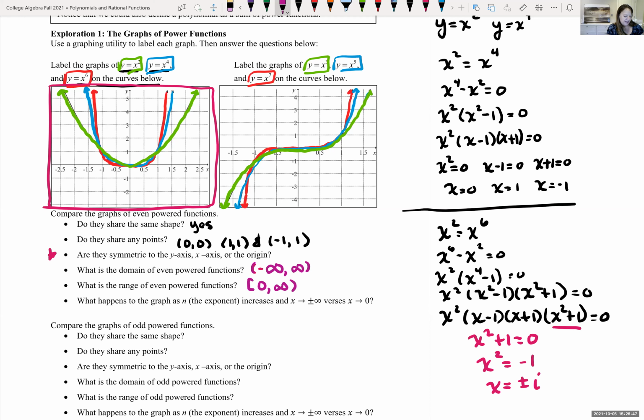What happens to the graph as the exponent n increases to plus or minus infinity versus as x approaches 0? So what happens to the graph as n increases to plus or minus infinity? Well, notice that as we're going off to positive infinity, our y values in each case are shooting upwards and going to positive infinity.